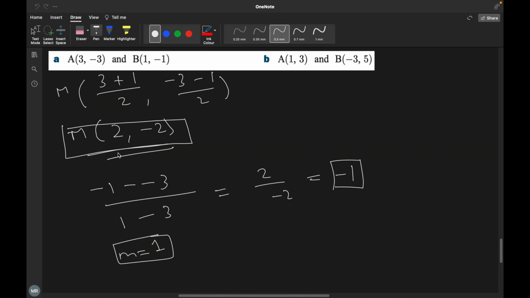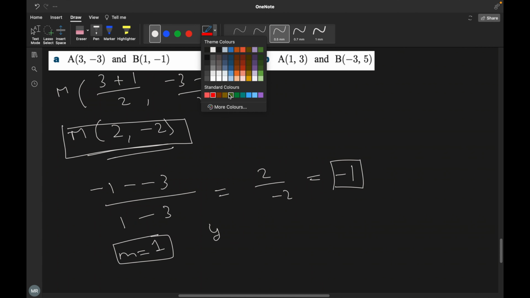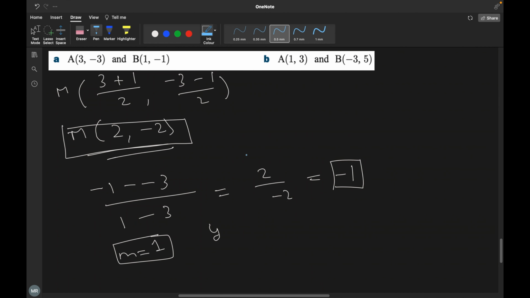Okay, now that we have the midpoint and the gradient, let's find the equation. Let's use a different color. So it would be y plus 2, because it's negative 2, equals 1 into x minus 2.